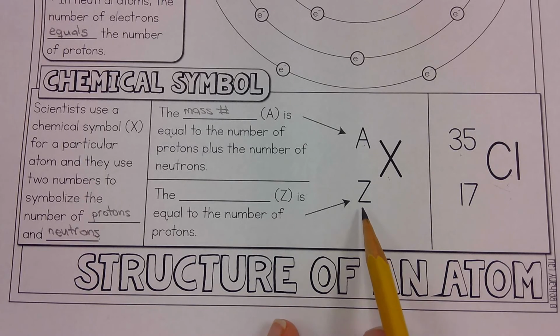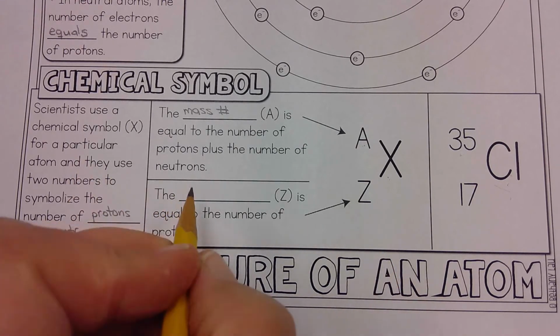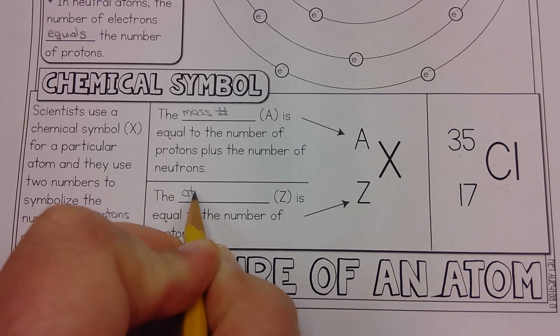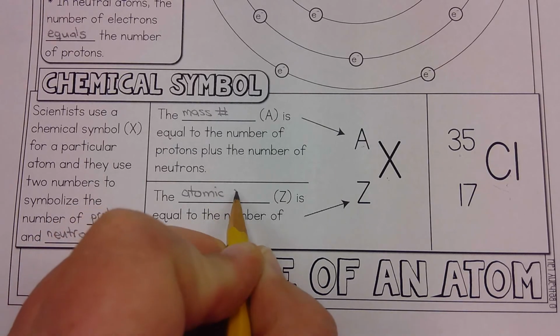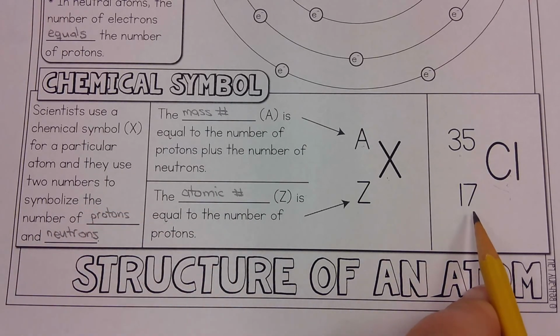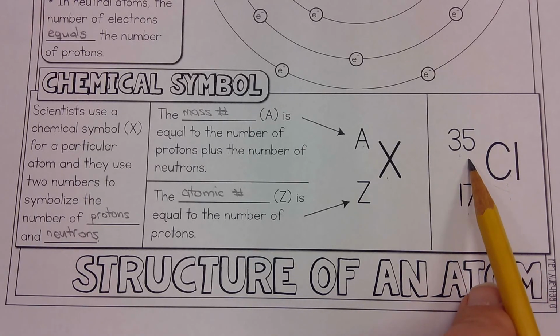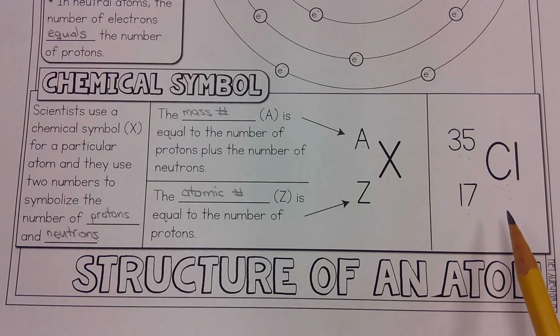Then the number here at the bottom, symbolized by a Z, is called the atomic number. And the atomic number is the number of protons. So in chlorine, there are 17 protons. In chlorine, there are 35 protons plus neutrons.